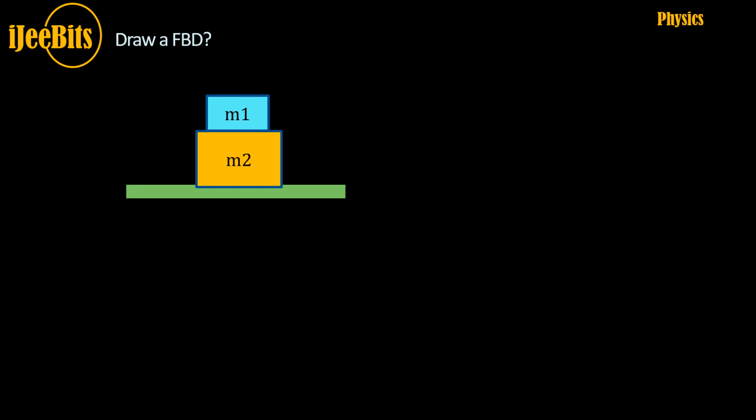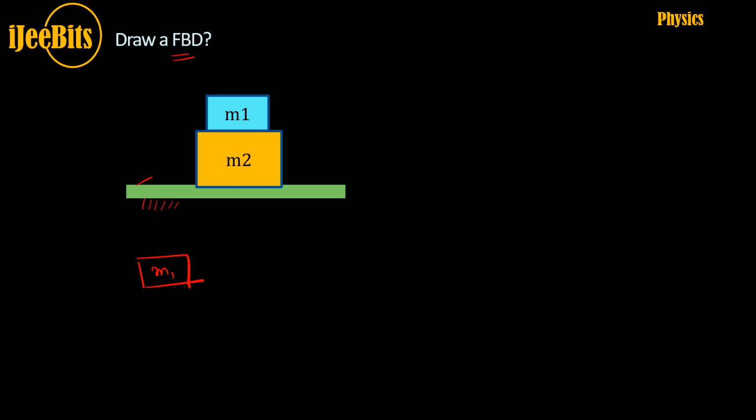Draw an FBD diagram for this. What we have is m1 and m2, one on top of the other, on a surface. Now you have to identify each one. Take the first case, the m1 block. Think about what happens here.